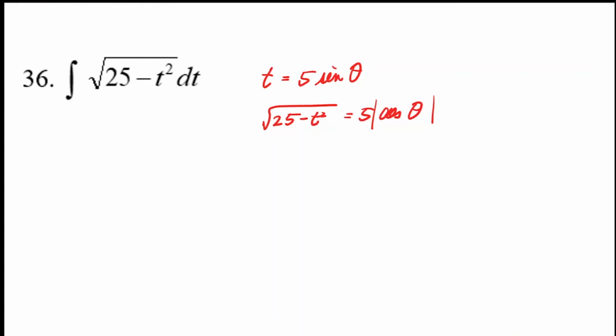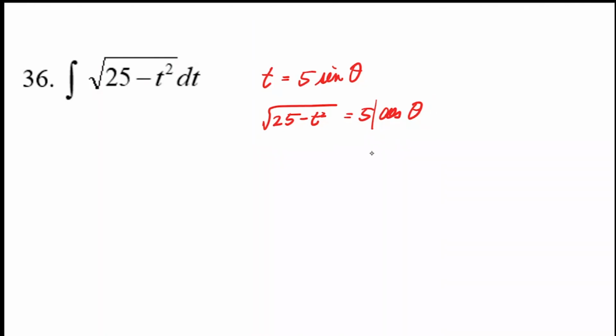Why not? See, what we are saying is theta is equal to inverse sine of t over 5. And inverse sine, of course, right, is defined in first and fourth quadrant. And cosine happens to be positive in both of those quadrants, right?